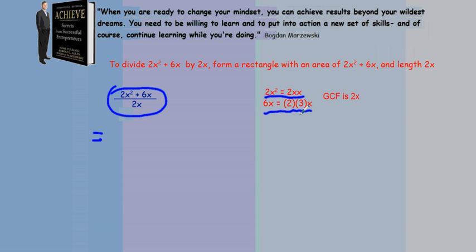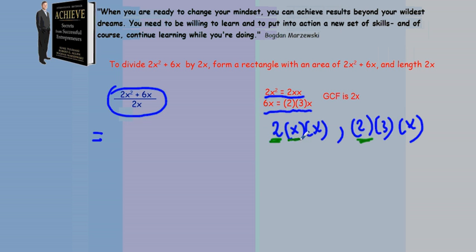So the greatest common factor is 2x. Because the common factor for both is 2 here, 2 there, 1x and 1x. So this is the greatest common factor.